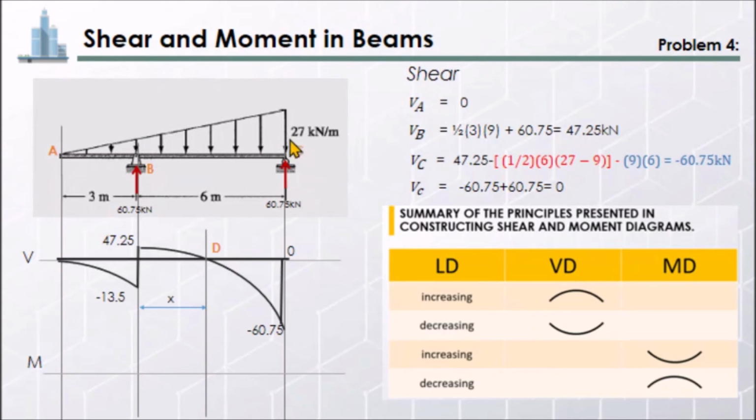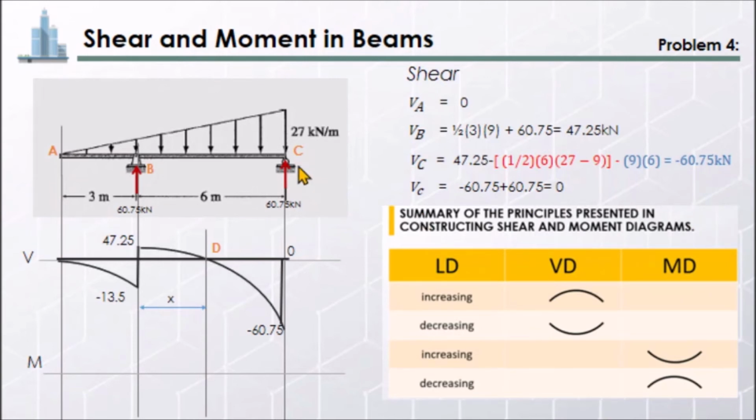Isang rectangle at isang triangular. So, doon muna tayo sa triangular. So, we have 1/2 multiplied by its base na 6 meters multiplied by its height, 27 minus 9. And then, minus itong ating rectangular load, 9 multiplied by 6. So, that will give us negative 60.75 kilonewton.